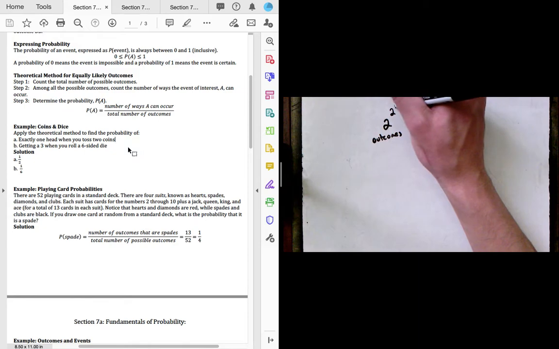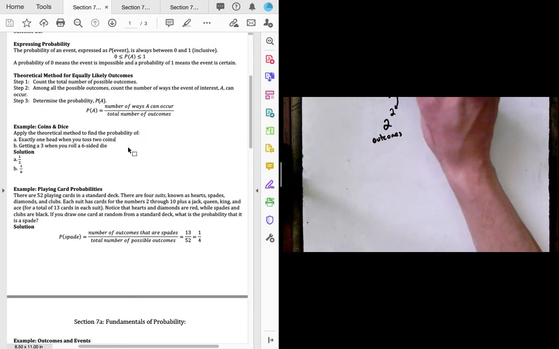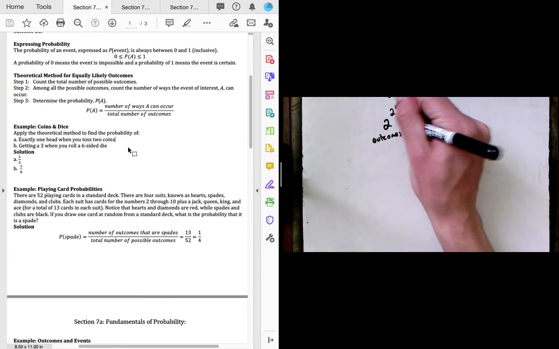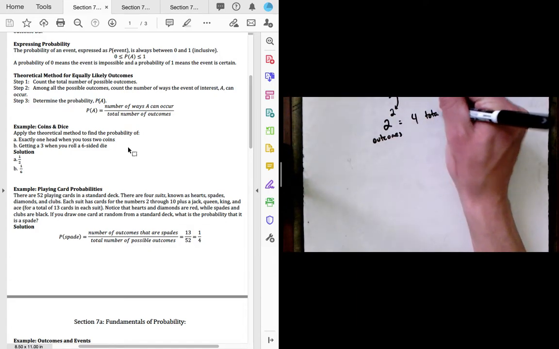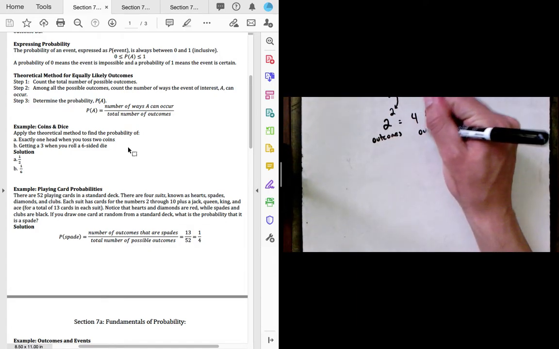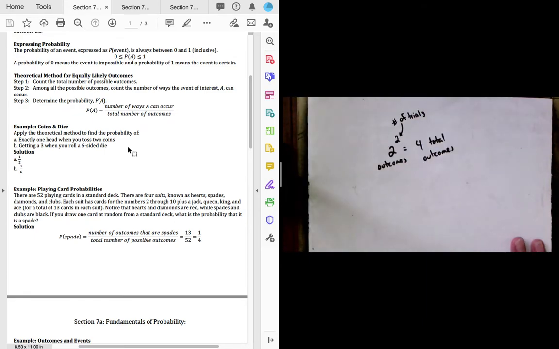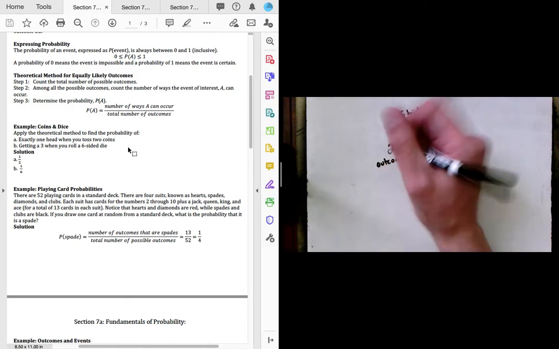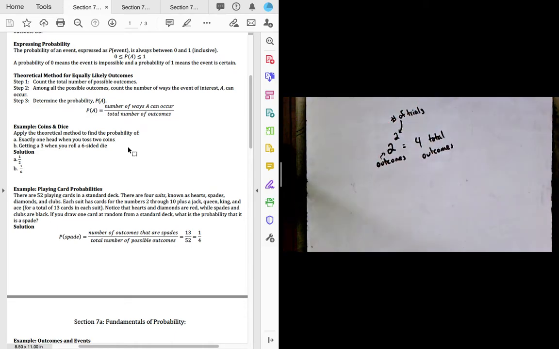The exponent is going to represent the number of trials. 2 raised to the second power is 4. So in our example, there are 4 total outcomes. We know that already because we looked at the previous one. Our outcomes is the base, our number of trials plays the role of the exponent, and in this case, we got 4 total outcomes.